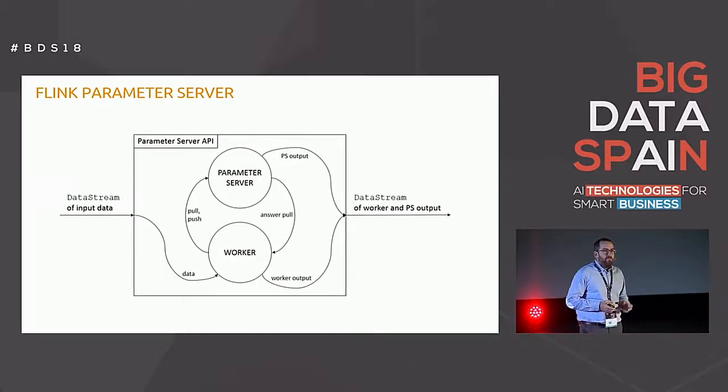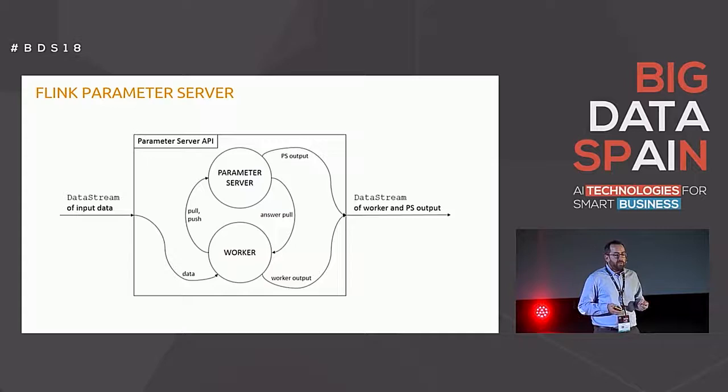The communication between the worker and the parameter server is asynchronous. We can make a pull operation to request the model, but we have to wait until we receive the pull answer to really obtain the model.